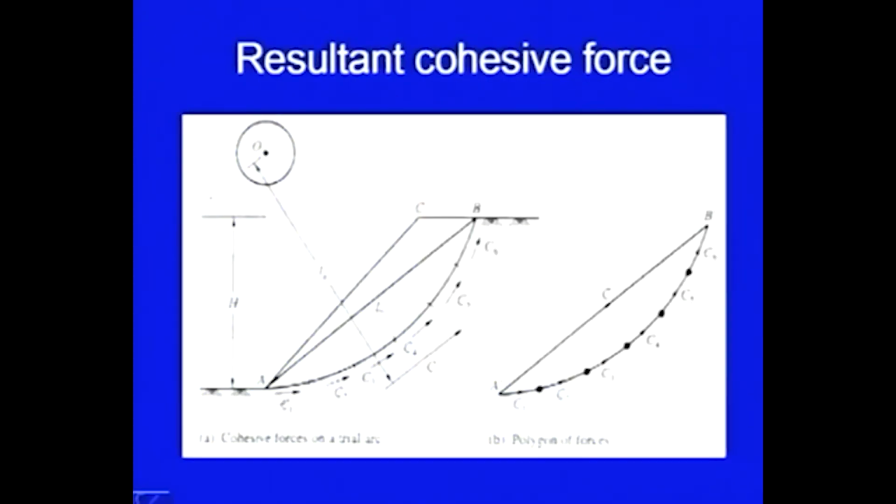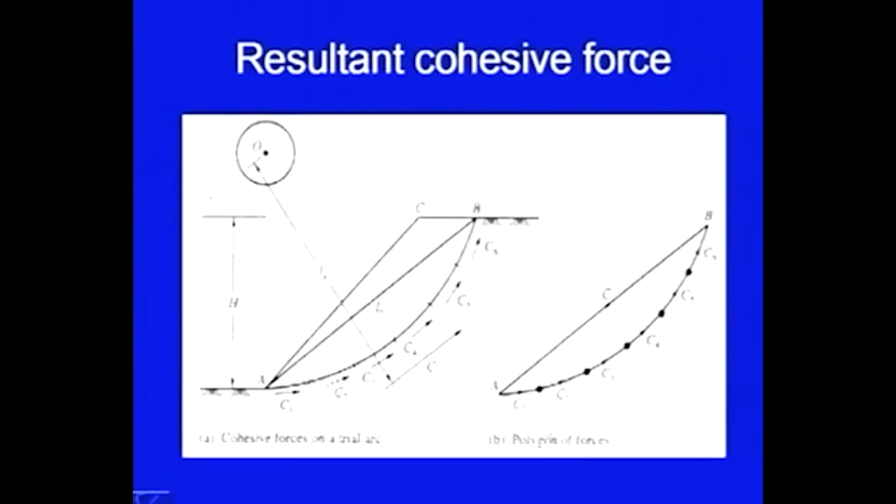Then we discussed the cohesive forces. All along this arc, the arc is divided into small segments, and on those segments the small cohesive forces are C1, C2, C3 and so on.